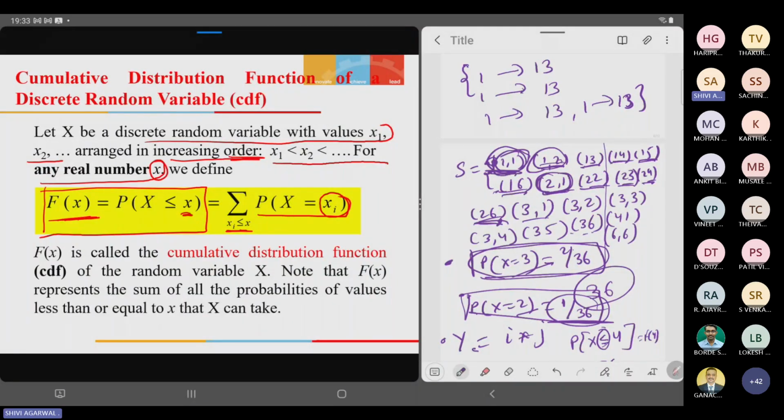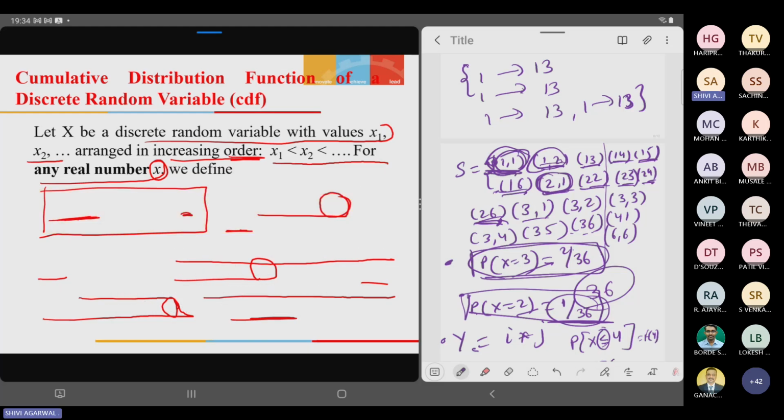So F(x) is called the cumulative distribution function, CDF, of the random variable X, and F(x) represents the sum of all probabilities of the values less than or equal to that point that X can take. Okay, clear?